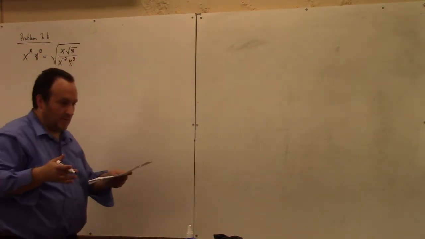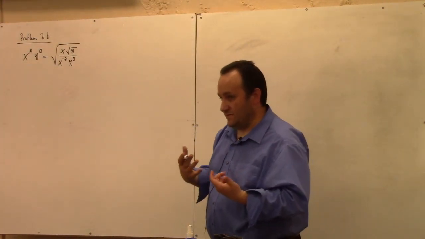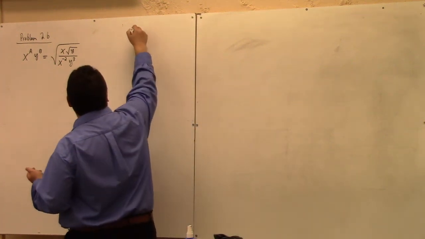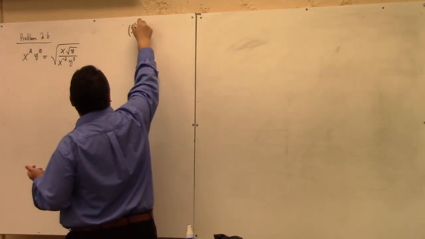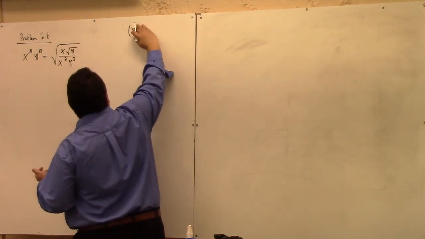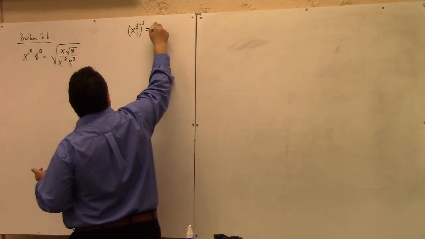Okay. So the way to attack such a problem is to keep in mind the tools that we have at our disposal. The main tool is that x to the t power raised to the s power is x to the ts.